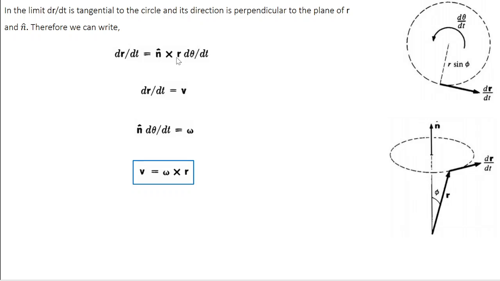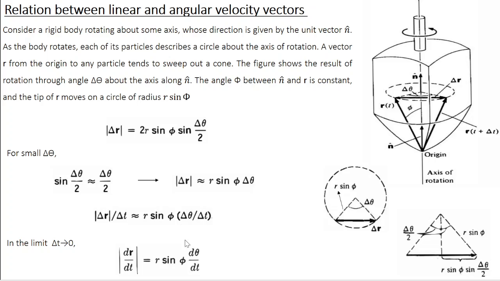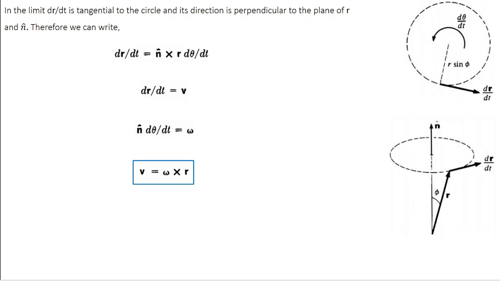So this is essentially the magnitude of r times d theta by dt multiplied by the sine of the angle between n cap and r. This angle is phi, so this is r d theta by dt sine phi, which is the magnitude of dr by dt. So in terms of magnitude and direction, this equation is perfectly fine.